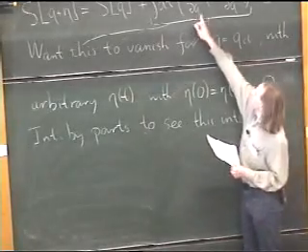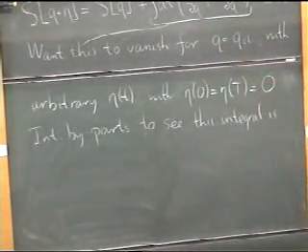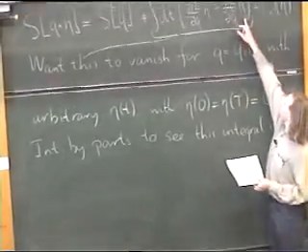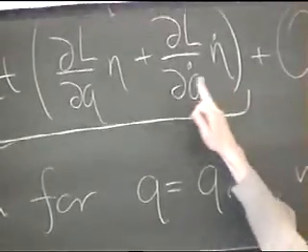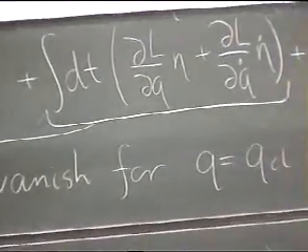Okay, so the first term, we don't do anything with it, we just leave it as it is. The second term, integration by parts: you've got a product of functions, you take a derivative off one of them, put it onto the other one with a minus sign.